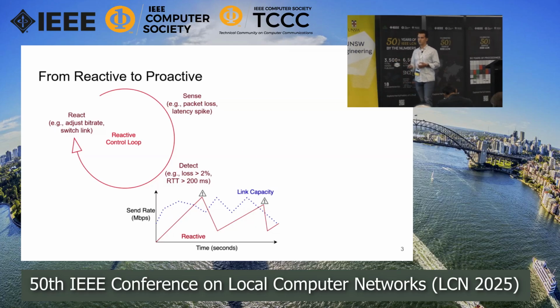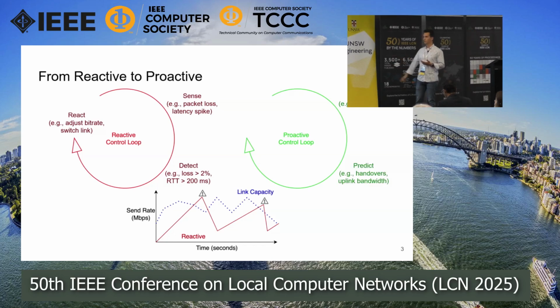On the right side, we have the proactive control loop. Again, we send some traffic, but this time before we send some traffic, we start by sensing what's happening on the channel. For example, this could be sensing what's happening on the signal strength. It could be changes in the band configuration. And then eventually using the features that we have, which I will go into later in detail, we are going to make some predictions.